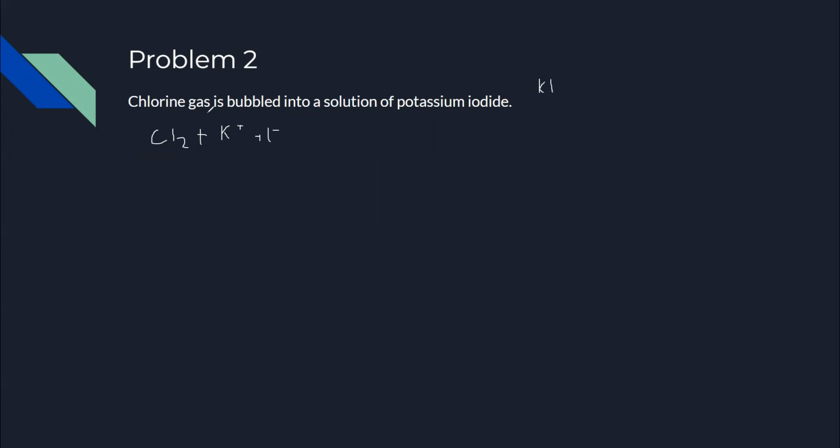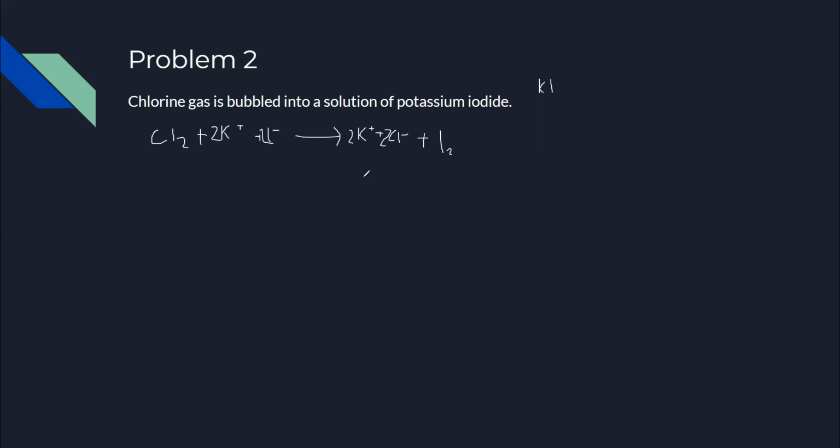And what you're going to do is, when you have these sort of reactions, it'll just be KCl plus I2. And so it'll be 2K plus 2I makes 2K plus 2Cl.